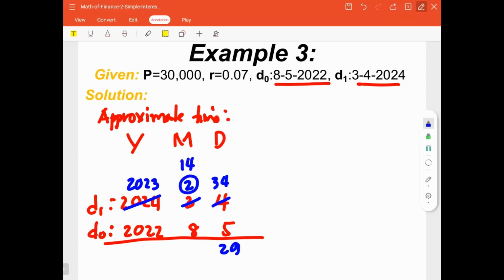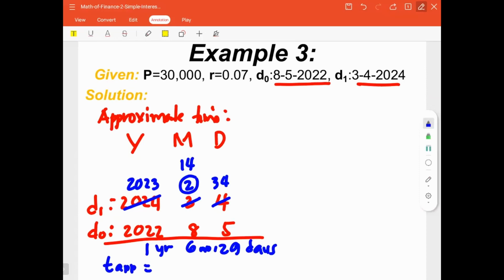Then we'll subtract. 14 minus 8 is 6. Take note, this 29 is in days, whereas the 6 is in months, right? Now we'll have 2023 minus 2022 is, of course, 1. So that's 1 year.